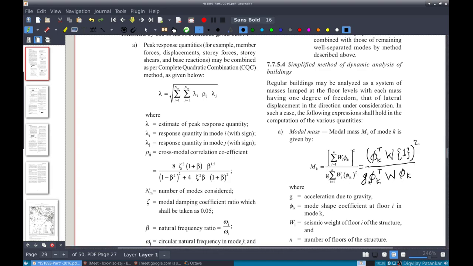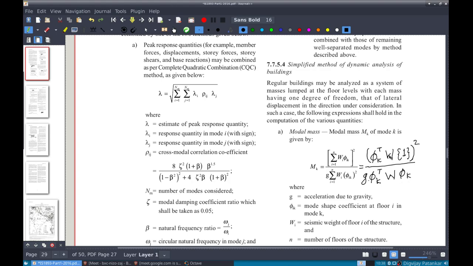Since I am using weight and not mass here, it has to be divided by g. Or you can use seismic masses also here, that's not a problem. So the expression I told you yesterday is still valid, the only difference is I forgot this square. You can use that, or you can use this expression, both are okay.